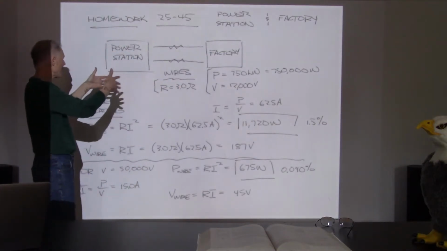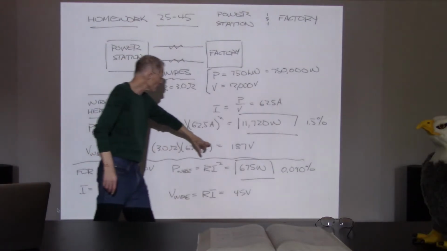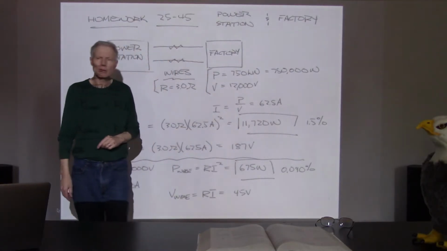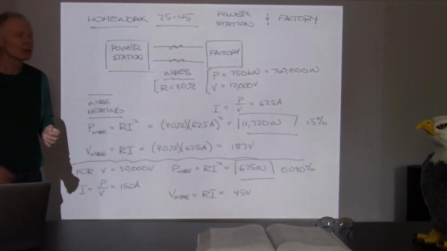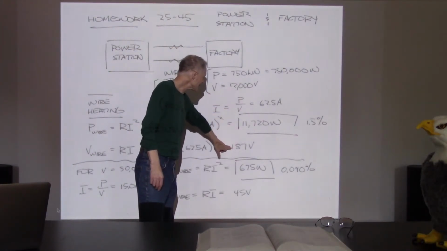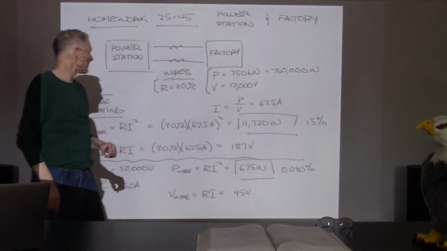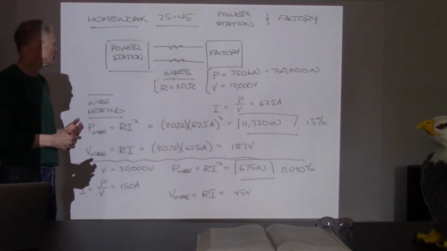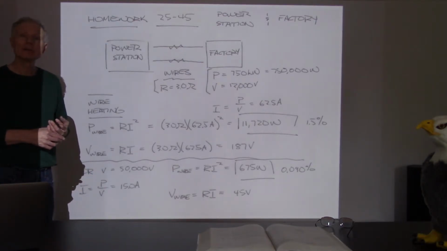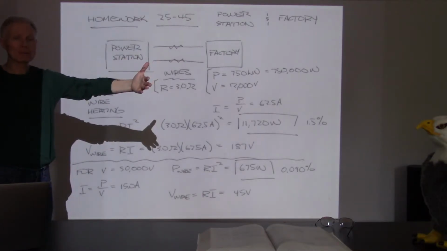The wires are going to have a voltage across them. And so I calculated the voltage across the wires. Well, it was 180 volts, 190 volts. So out of 12,000 volts, that's a pretty small number. That's looking like 1.5% of the voltage is lost during the transmission of the electrical energy.